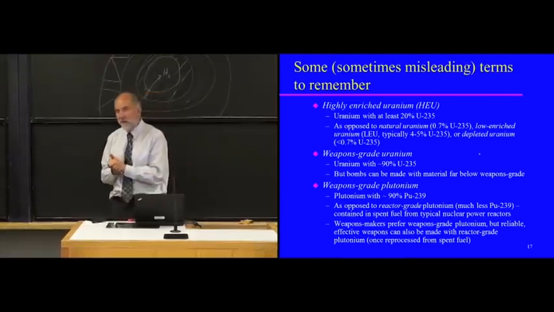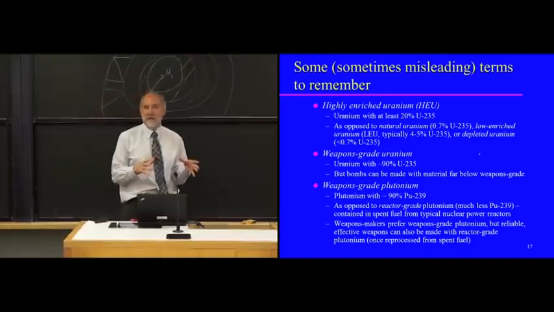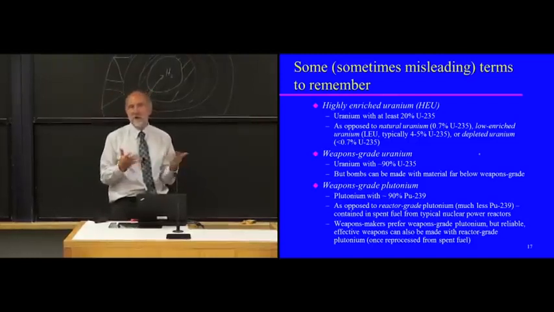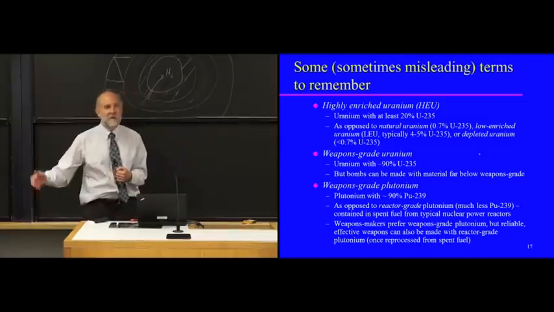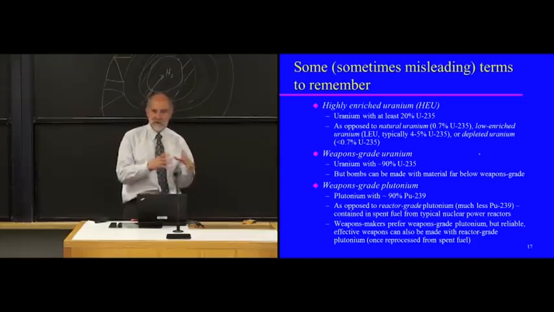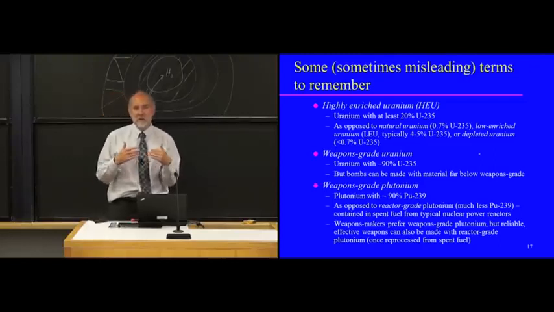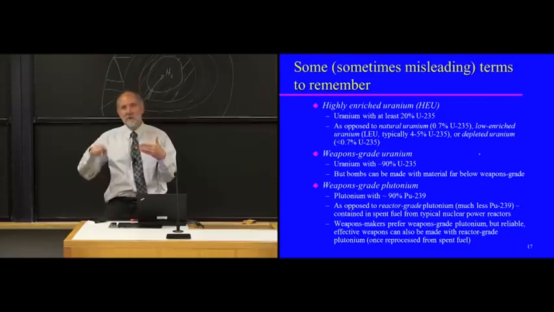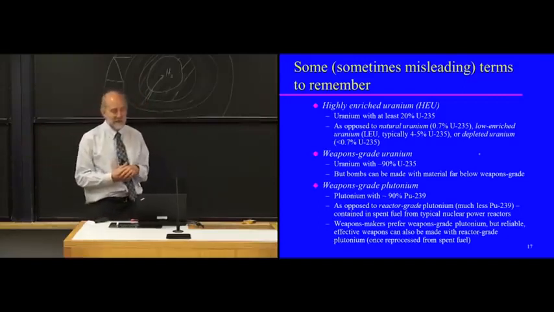So in a power reactor, what you do is you leave the uranium fuel in the reactor for a long time in order to efficiently produce power. In a plutonium production reactor for weapons, you leave the material in for a relatively short time in order to maximize the plutonium-239 and minimize the degree to which it absorbs more neutrons to build up these undesirable isotopes of plutonium.